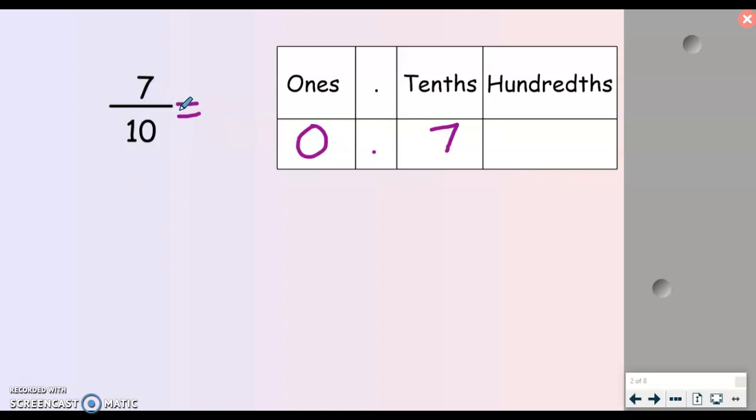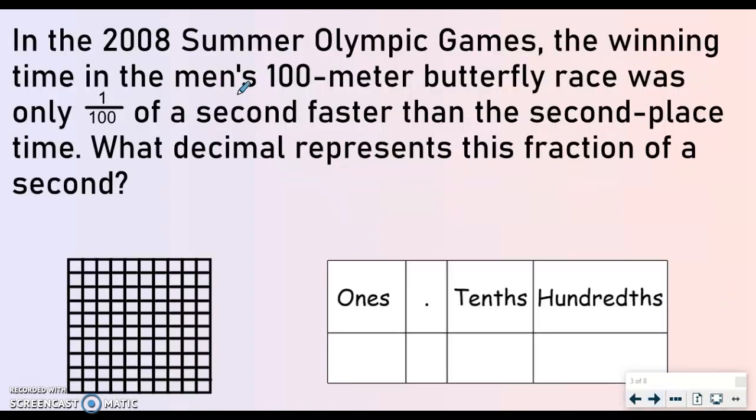I know that 7/10, if I multiplied both of these by 10, I would come up with an equivalent fraction of 70 hundredths. So I could say 7/10, or I could say 70 hundredths, and these would be considered equivalent to each other.